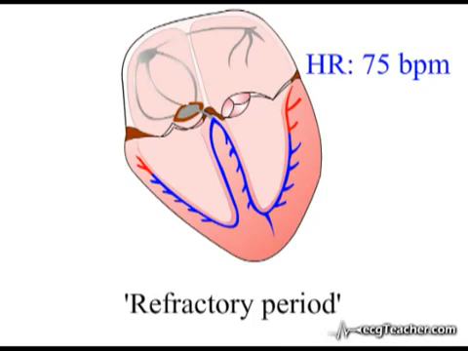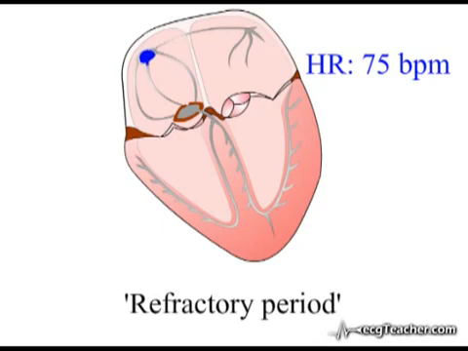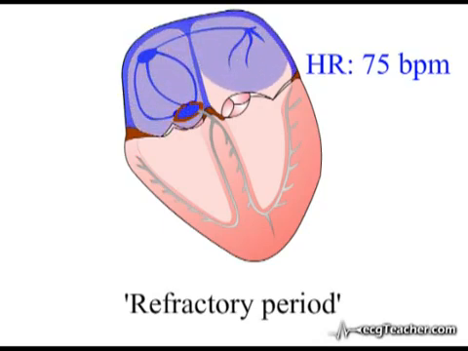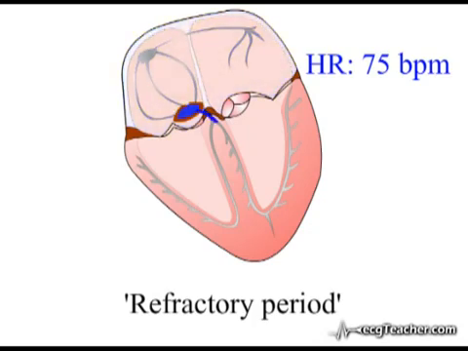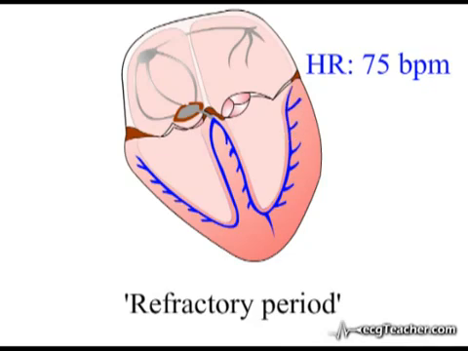Specifically, the refractory period of the left and right bundle branches become more prolonged as the heart rate slows. Also, as illustrated here, the left and right bundles have slightly different electrical properties, with the right bundle branch having a longer refractory period than the left, and this difference becomes more pronounced at lower heart rate.